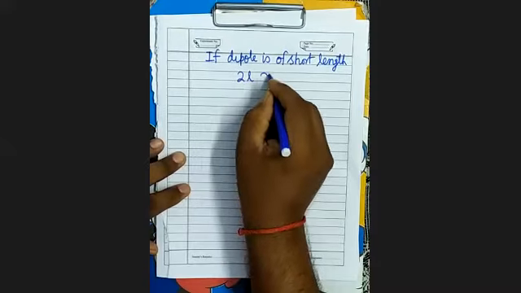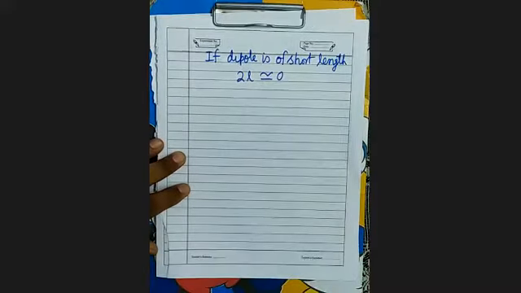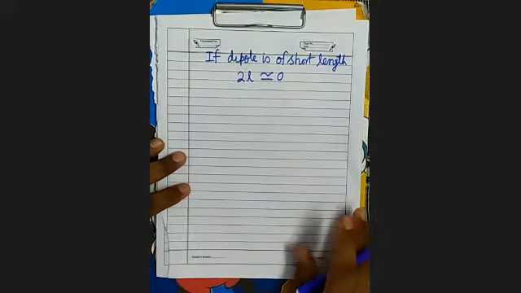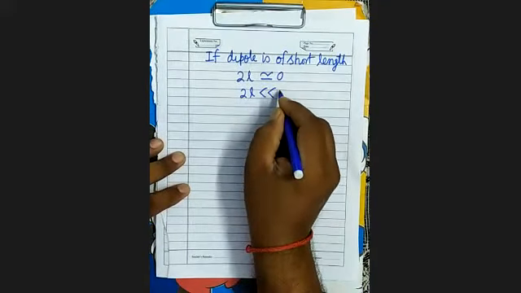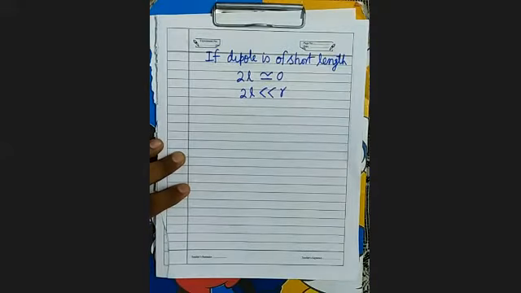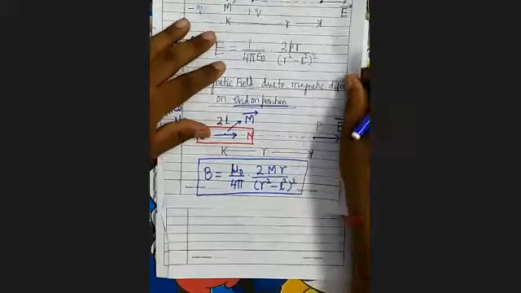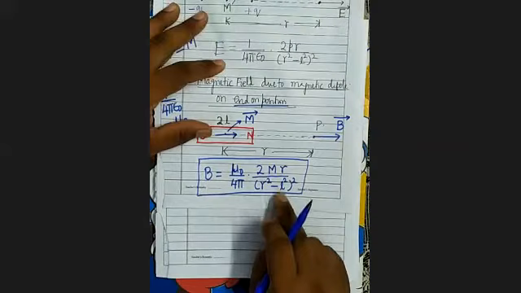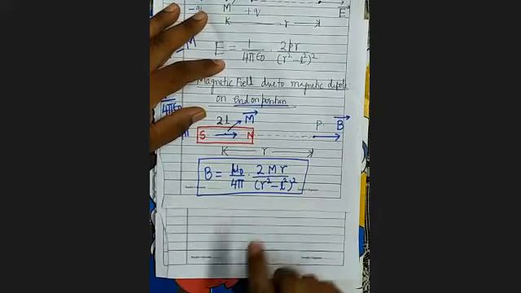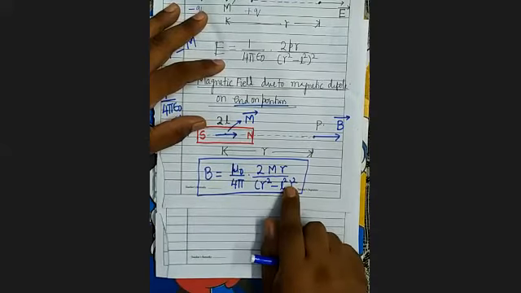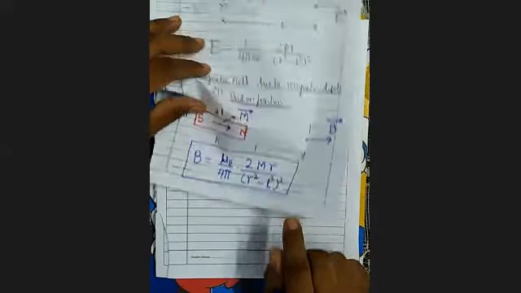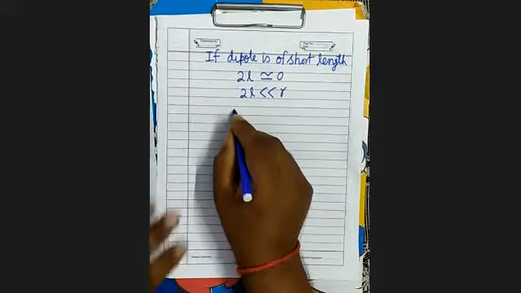Means 2L is negligible, or 2L is much smaller as compared to R. Then we can neglect the term of L here. And when you will neglect the term of L, what will you get? R square का whole square मतलब R की power 4. You will get R की power 4.